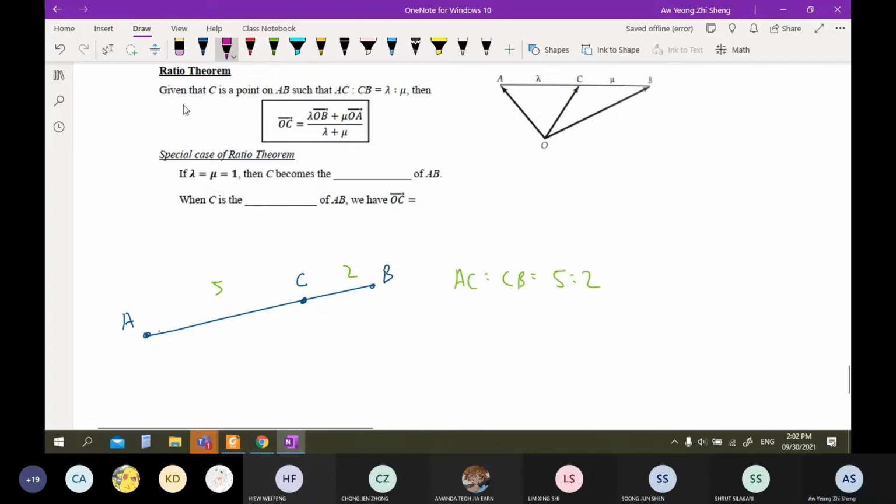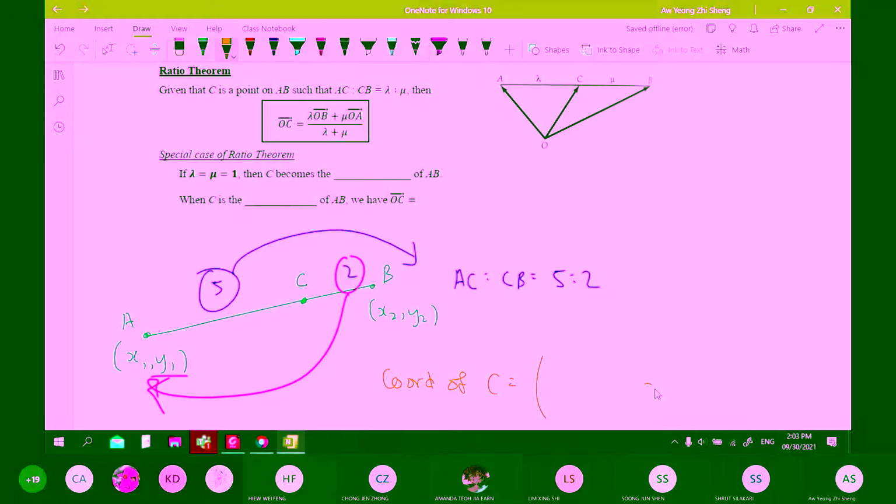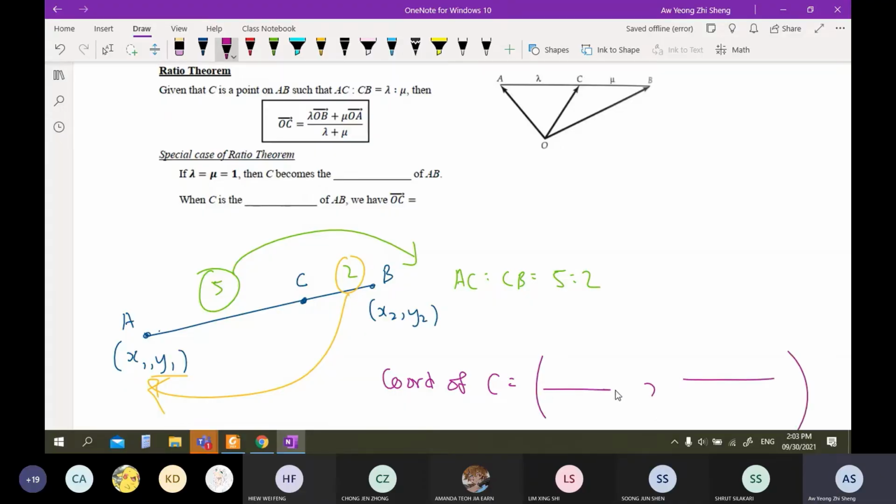So if you can recall in coordinate geometry, if this coordinate is (x1, y1), this coordinate is (x2, y2), then you would associate this 5 with the further point. You will associate this 2 with the further point. And then to obtain coordinates of C, it's just two fractions.